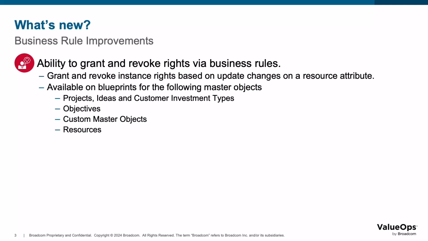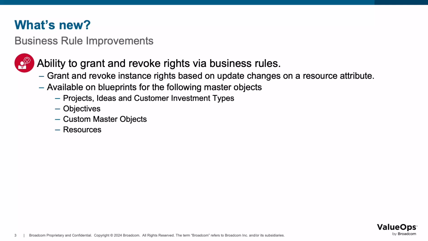Say we have a resource attribute called project sponsors, and in that value we have a person called Cheryl Amos, and you change the value from Cheryl Amos to Paul Burks. The system will revoke the rights from the previous person, Cheryl Amos, and then grant rights to the new person, Paul Burks. We'll go into more detail on that. This could be single value or multi-value, and these are instance rights.